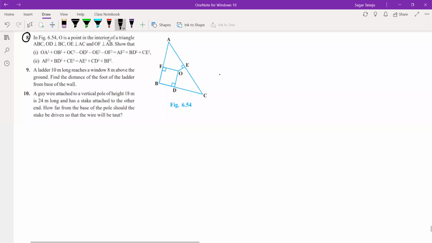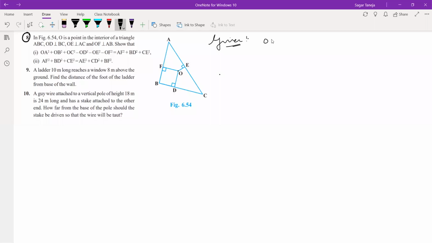Where O is a point in the interior of the triangle. Here O is a point in the interior of this triangle, and these three lines are given perpendicular. OD is perpendicular to BC, OF is perpendicular to AB, and OE is perpendicular to AC. So just write given.